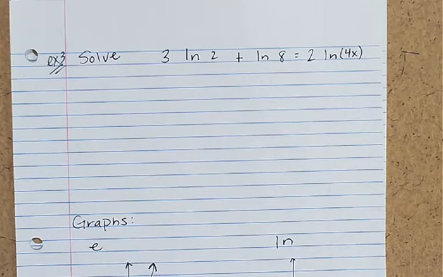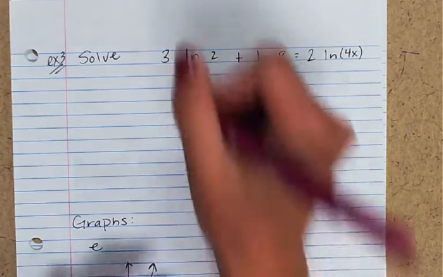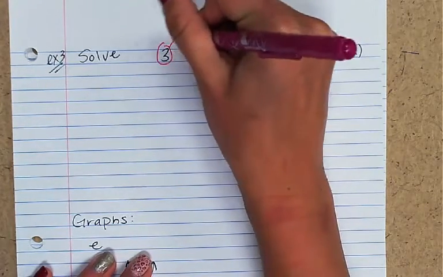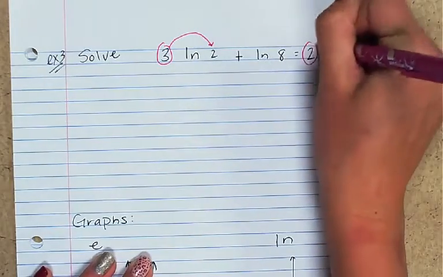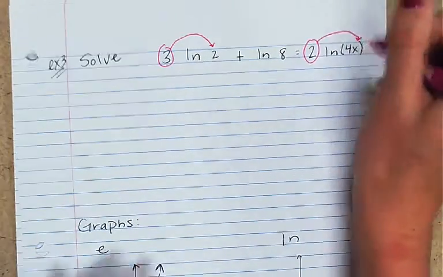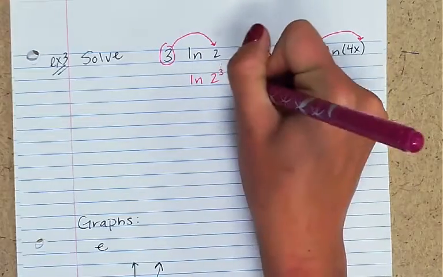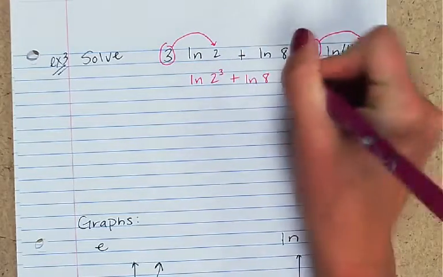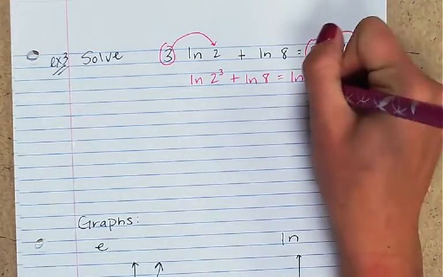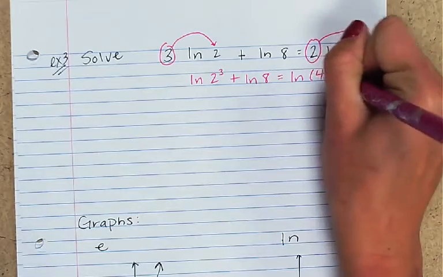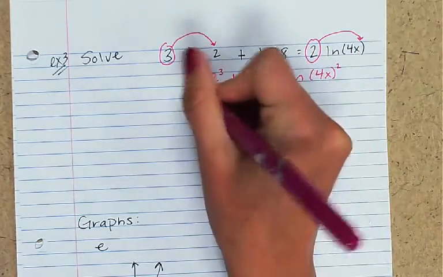Okay, for example 3, it says solve 3 times the natural log of 2 plus the natural log of 8 equals 2 times the natural log of 4x. So just like before, the first thing I'm going to do is that any numbers that are being multiplied in the front, I'm going to put them back up as exponents. So this becomes the natural log of 2 cubed plus the natural log of 8 equals natural log of that whole quantity 4x squared.